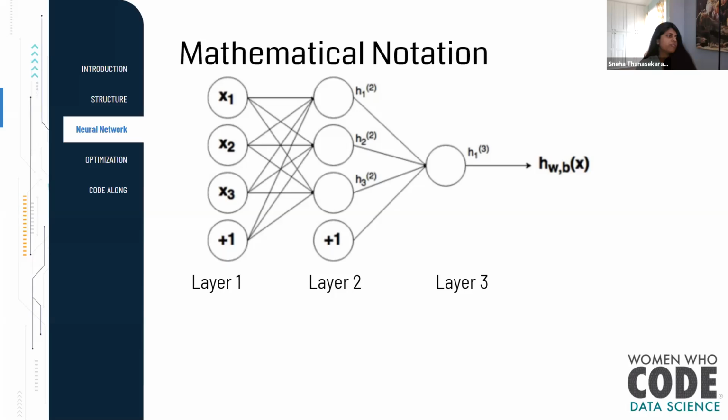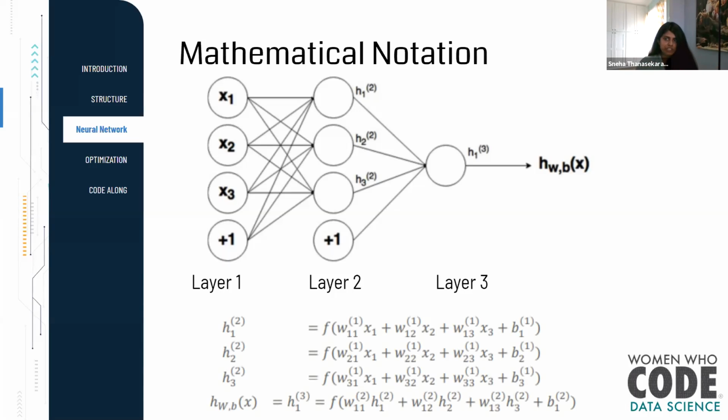Then these are fed into another single node in layer 3, and another h1 function is calculated here. There's a superscript that denotes the layer that the activation function belongs to. Now we need to calculate h1, h2, h3 for layer 2, and then finally h1, which is our output in layer 3. The math requires some fairly precise notations so that we know what we are talking about.